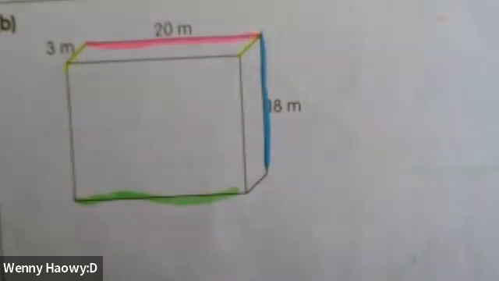Okay, all right, that's very clear. You can see the blue refers to the length, the green refers to the breadth, and the height is the orange one.